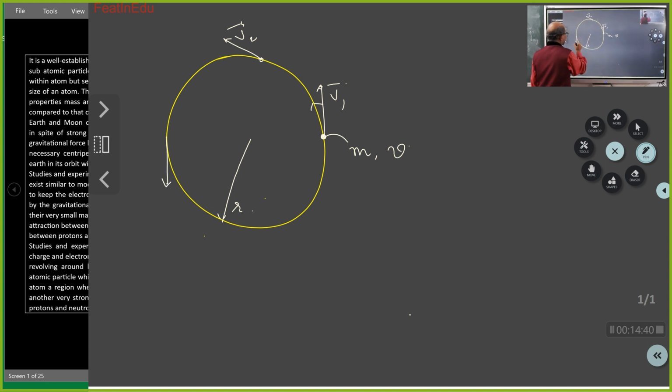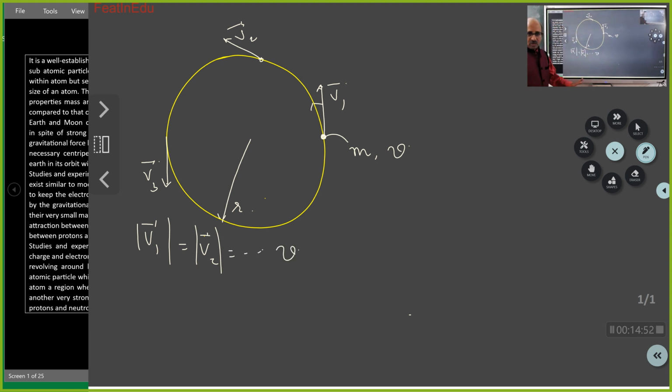But the magnitude of v1 bar is equal to the magnitude of v2 bar, and so on, equal to v. I hope you understood. Yes, sir.